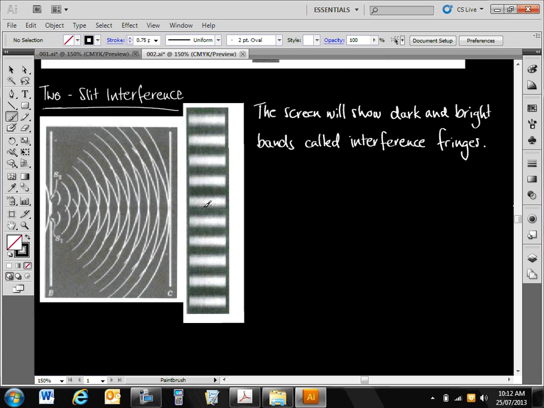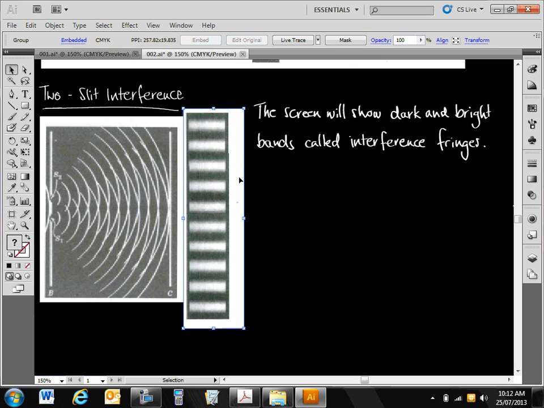And what we see on a screen on the opposite side, I'll just move this a little bit. That's a little bit better. On the screen on the opposite side, we will see once again a central bright band. That central bright band will be exactly the same width as each of the bands as they move out.